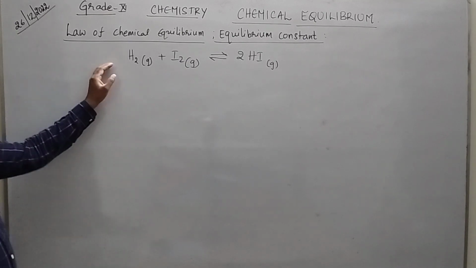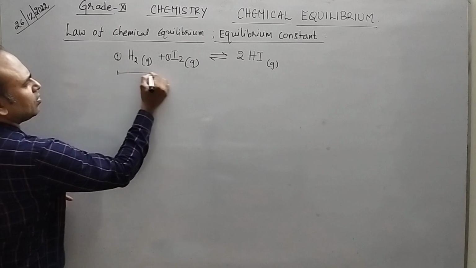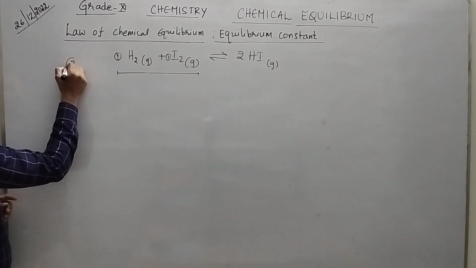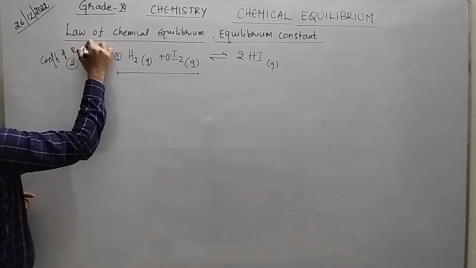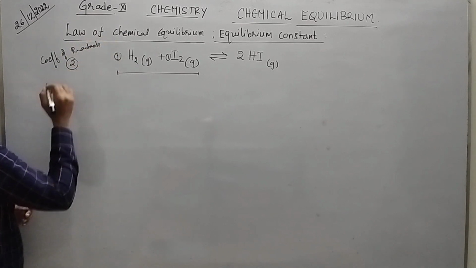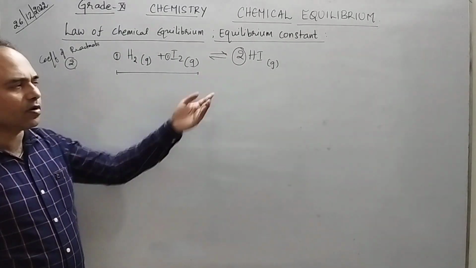Now here we have taken an equation where the coefficients of reactants, if you add, 1 plus 1 is 2. So here we can say that the coefficient of reactants is 2. Here what is the coefficient of product? That is also 2. So the coefficient of reactants is equal to the coefficient of product. Now how do you write Kc?